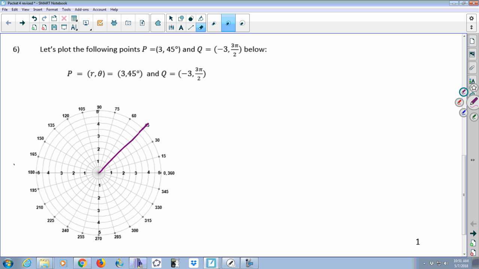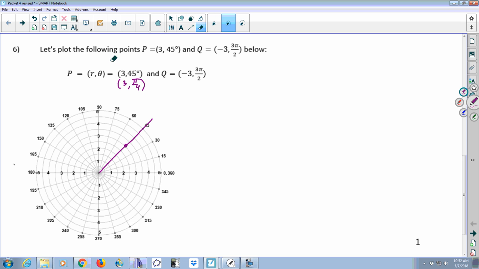Now remember, I could have also called this (3, pi over 4) in radians. And your book gives you all your homework problems in radians, so I'm going to be going back and forth today for you. So you go out pi over 4 or 45 degrees, and you say, okay, I'm located 3 away from my pole. So here's 1, 2, 3 right here.